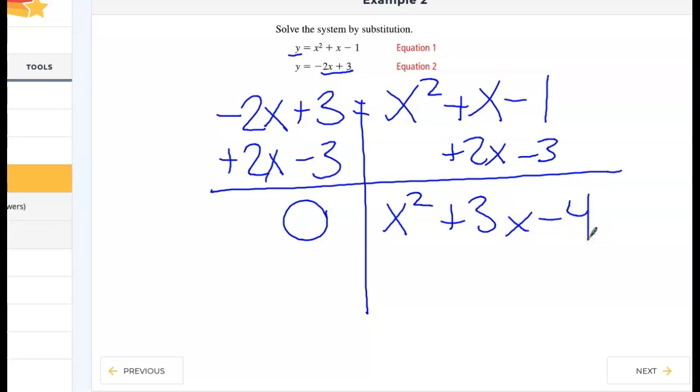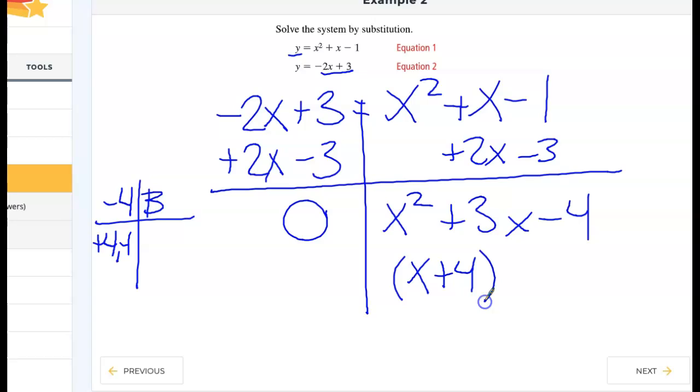What could I factor this into? Factors of negative 4 that would give me 3, right? Positive 4 and negative 1 would give me 3. So I would have x plus 4 and x minus 1.